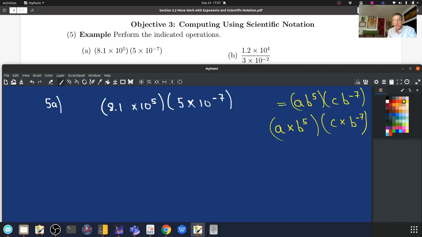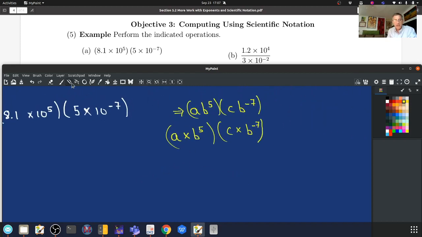So we're used to this notation, and this just looks weird because we've introduced usually an unwritten symbol here for times, which is the X symbol. But notice how easy this one is to solve. Of course, we don't know what A, C, or B is, so we multiply A times C, and that's B to the 5th times B to the minus 7th.